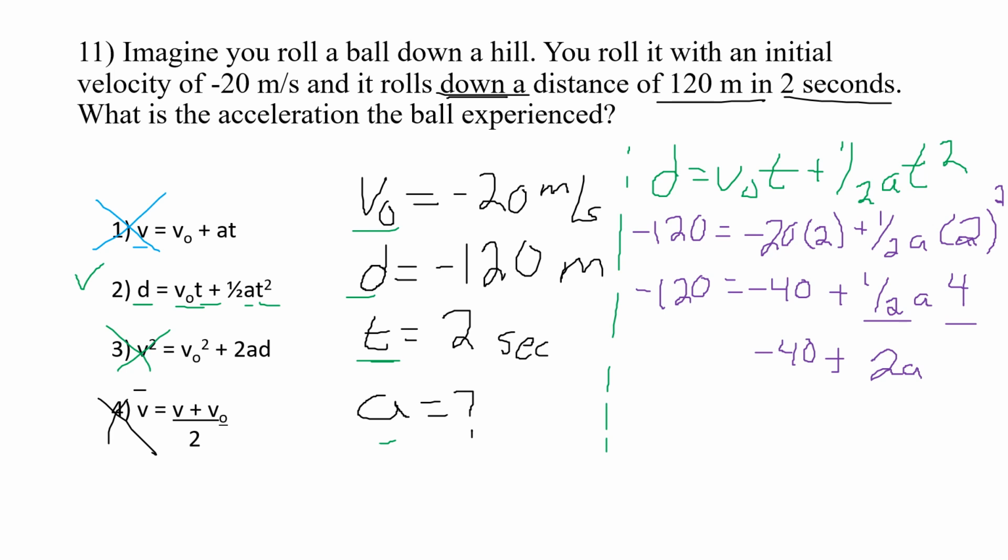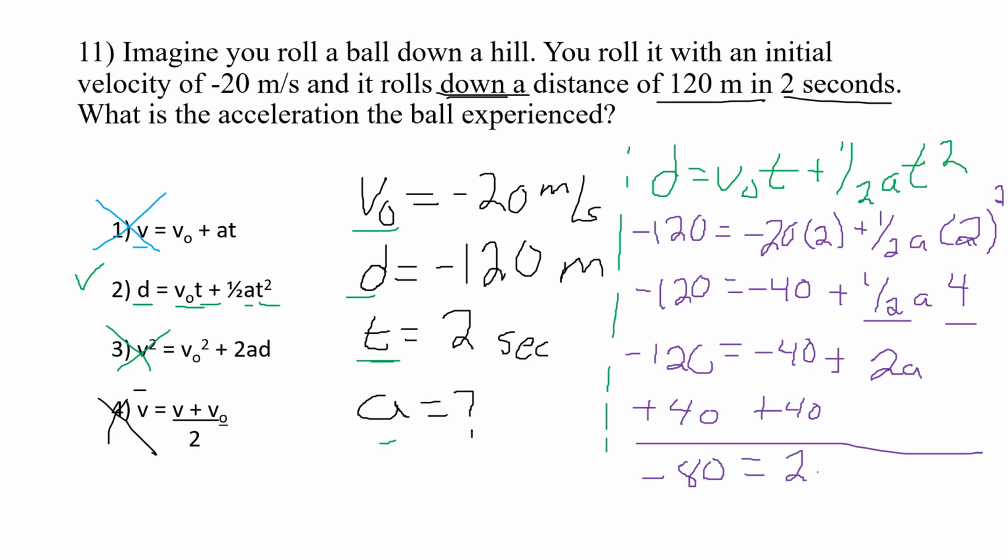Just bring the rest down. Add 40 to both sides, and what you're left with is negative 80 equals 2a. Divide both sides by 2, and you get your answer: negative 40 is your acceleration. Done.